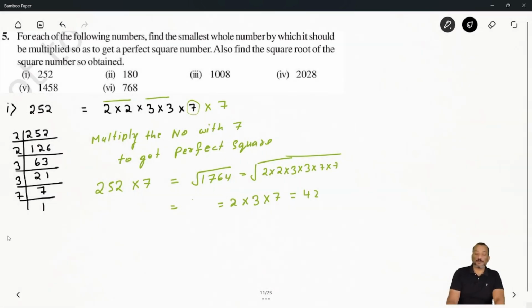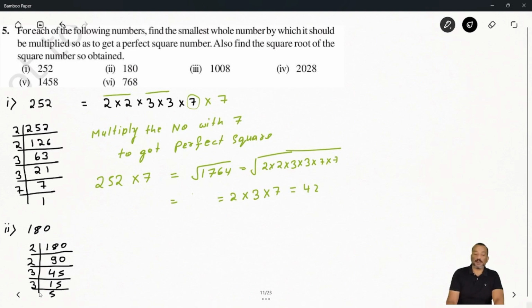Now in the same way we can try question number 2. It is saying 180. Again, we will do the prime factorization of 180. 2 times 90. Now 2 times, we get 45, and now 3 times we get 15, and 15, 3 times we get 5, and last, 5 times 5 you get 1.